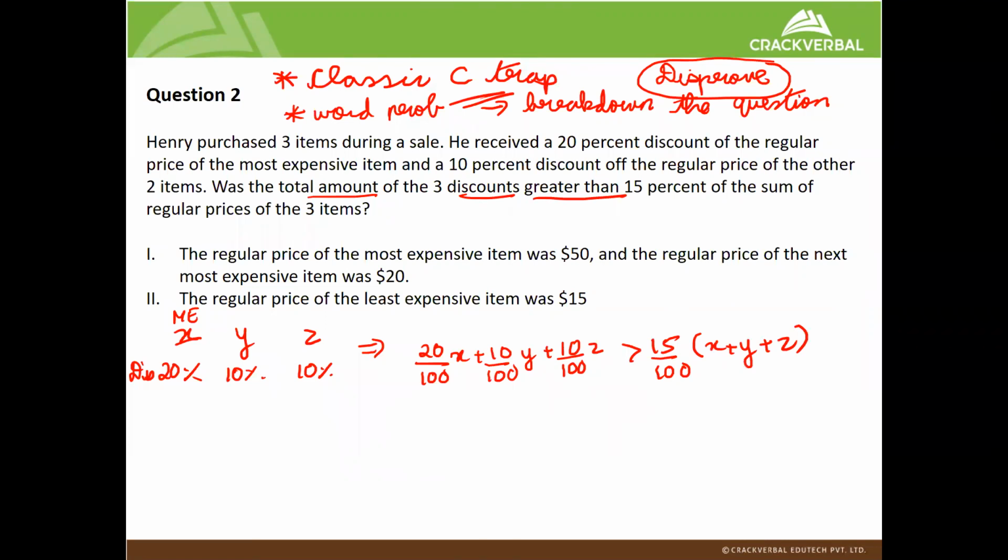Now I'm going to simplify further, right? Don't stop at this point. Simplify further. I can remove the 100 throughout. I have 20x plus 10y plus 10z is greater than 15x plus 15y plus 15z. I'm going to take all the x's to one side and the y and z to the other side.